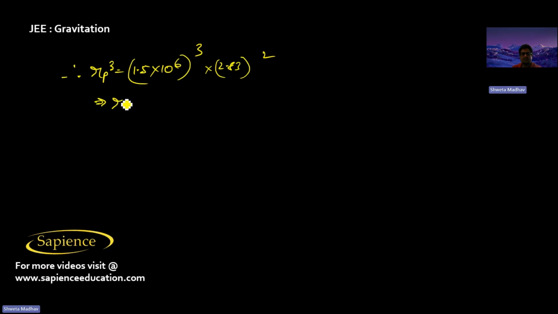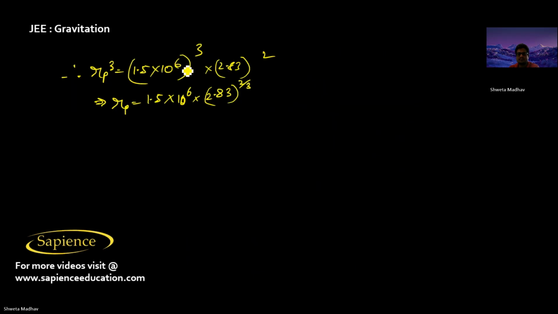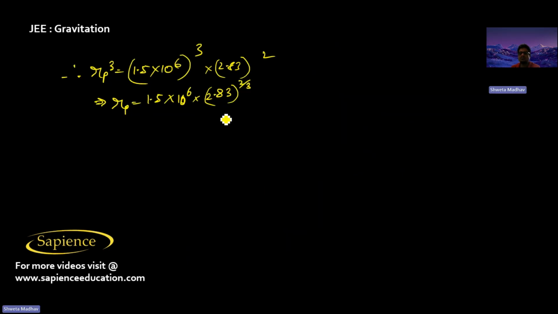Now therefore RP would be equal to 1.5 into 10 power 6 into 2.83 power 2 by 3. So this RP only you have to find out. So 2.83 power 2 by 3, that you find out.